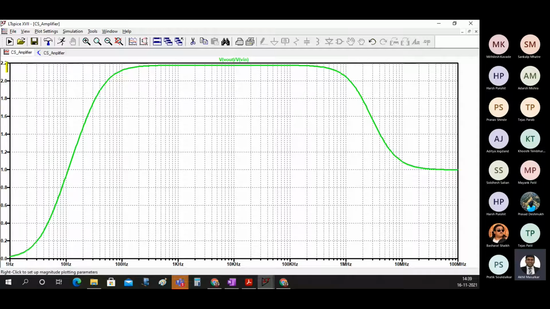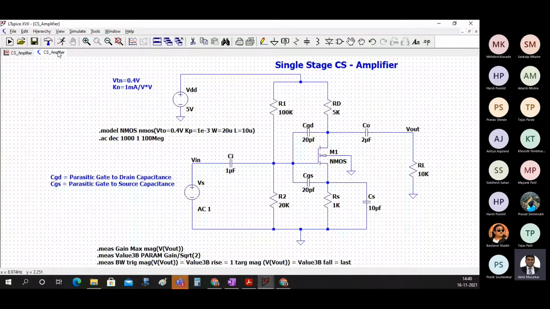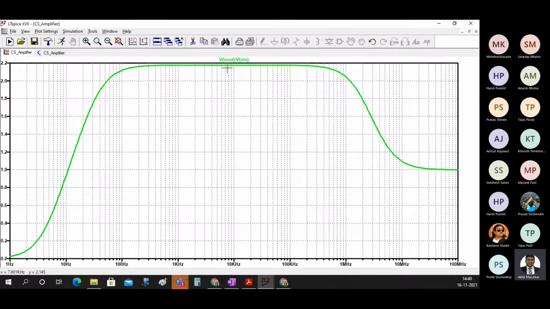Now you can see this unit is gone. Can you see? So all of you will now plot V out by V in. Come on. In the exam, if you plot V out alone and tell me this is gain, I will not accept it.